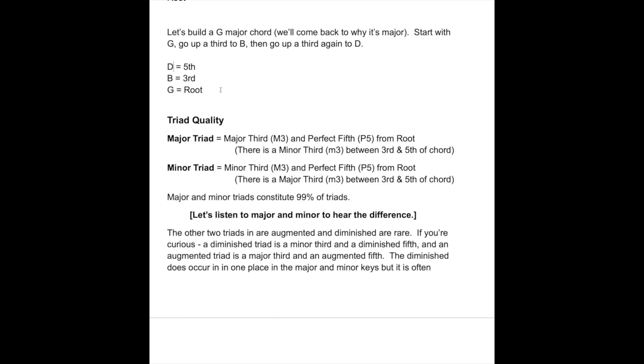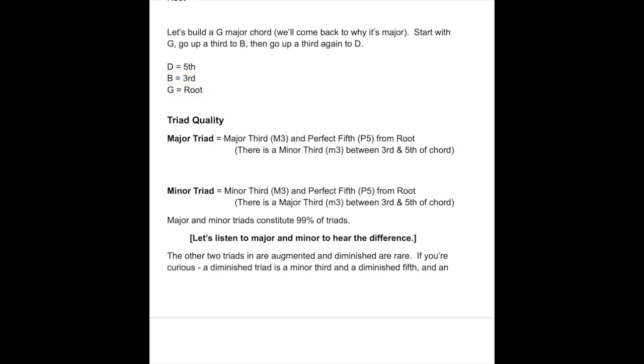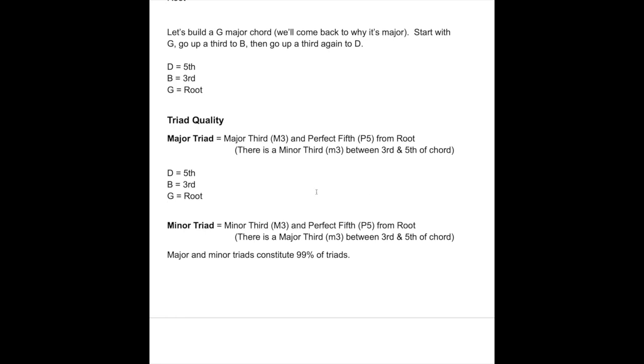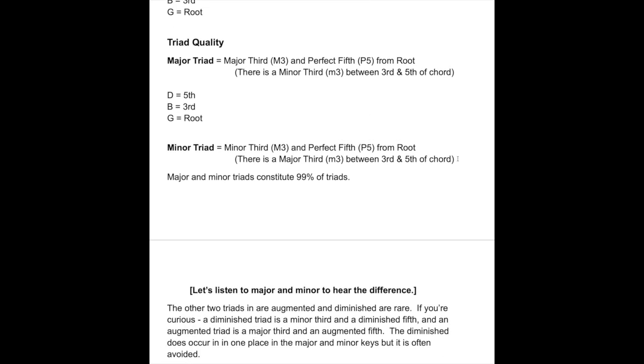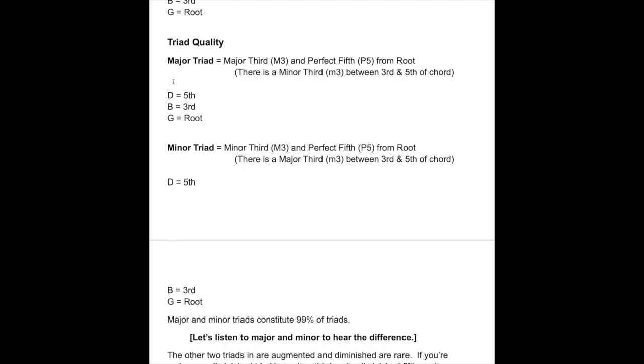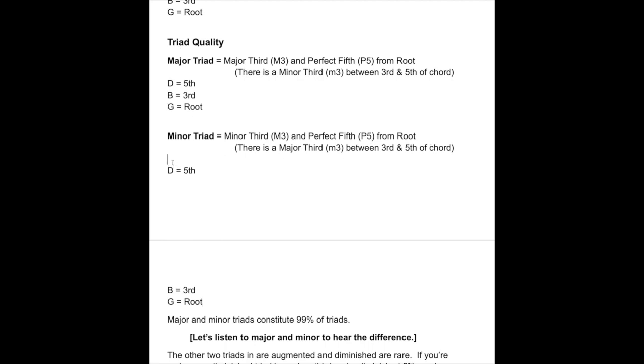If we wanted to see a minor chord, I can go ahead and copy that here. So this is the G major chord. If we wanted to see the same type of thing as a minor chord, what we would see is the same pitches, but with a B flat instead of a B. So we could count the half steps between these notes, and we could measure the distances.